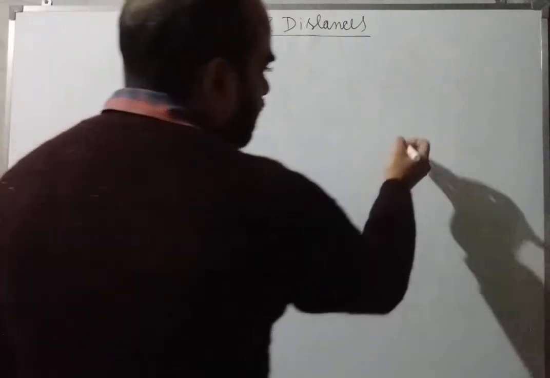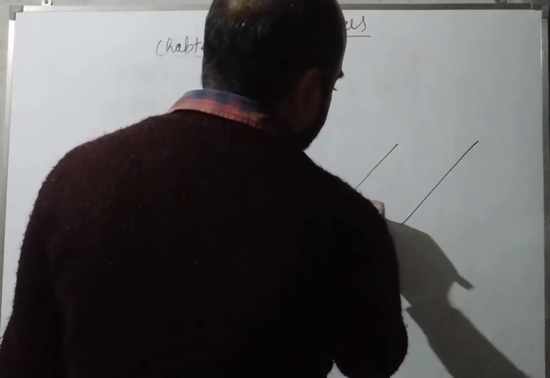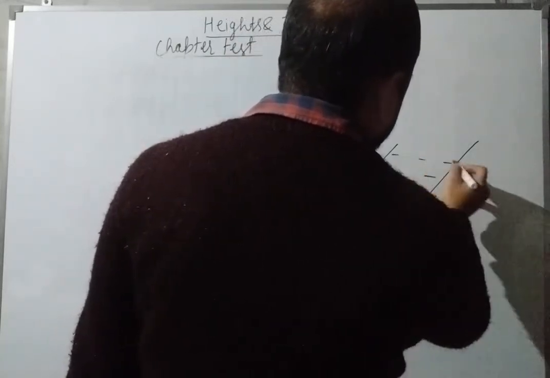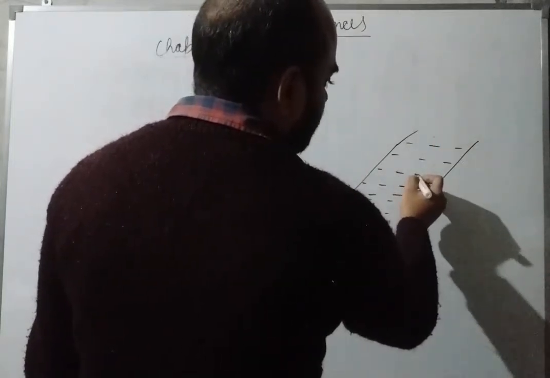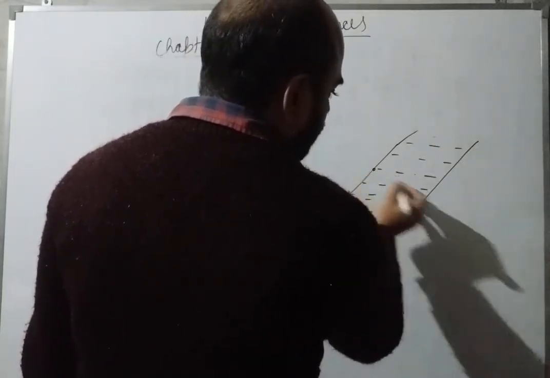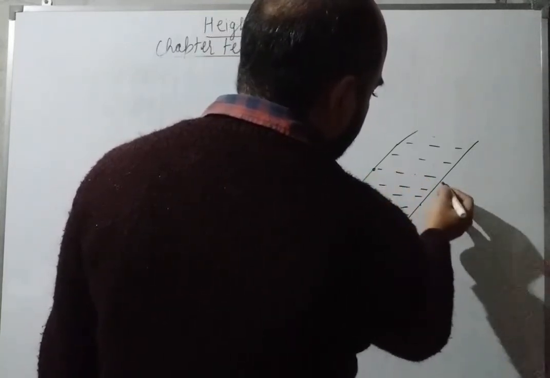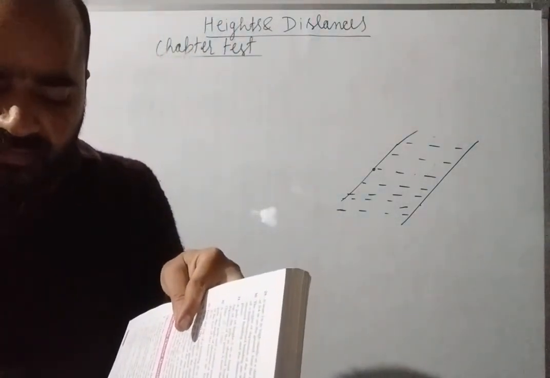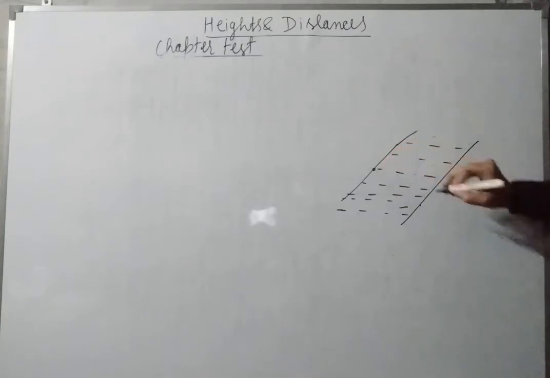Okay, so we can draw like this. Suppose this is the river. Suppose here is one tall tree. We have to take 2 points also. What is the speciality of the 2 points? P and Q are points directly opposite to each other on the two banks and in line with the tree.